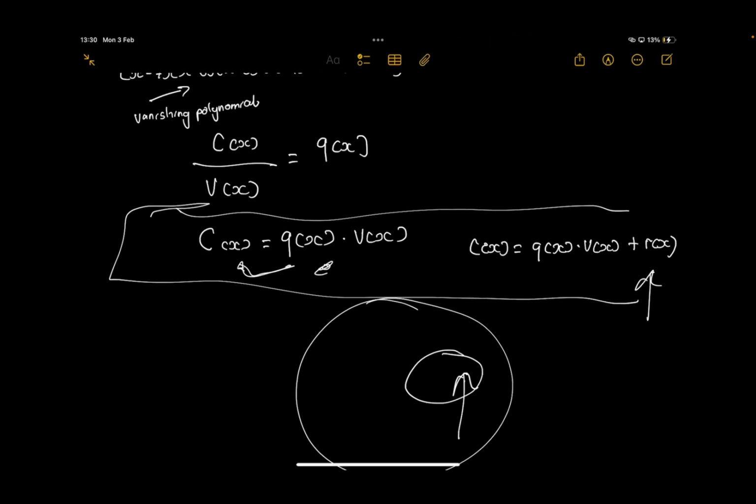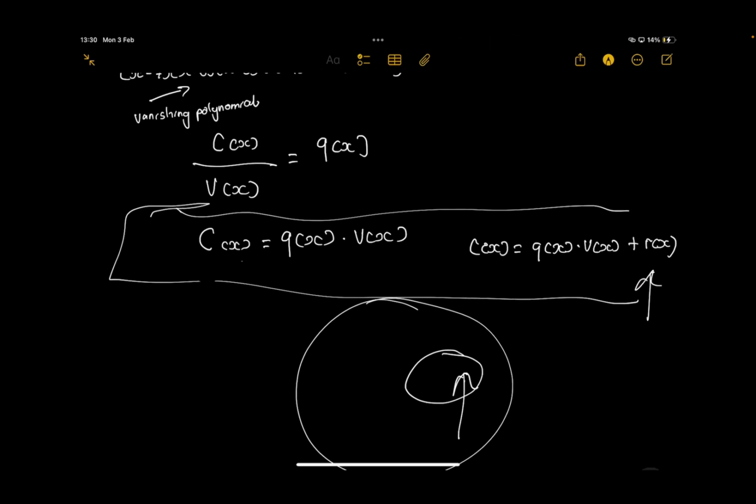So what will happen is that the prover will divide the C of X by the vanishing polynomial and get the quotient, right? And then the idea is that the left hand side should be equal to the right hand side, just based on maths.